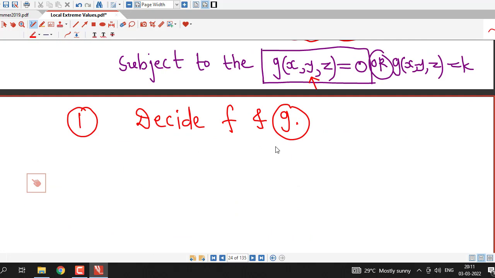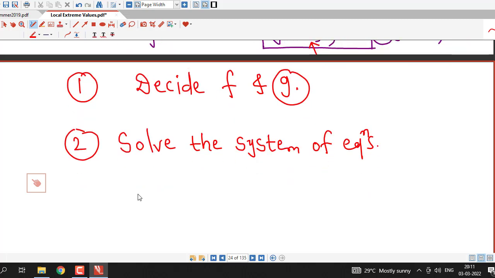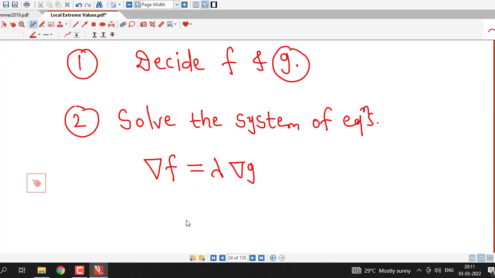So first we decide f and g. After that we have to solve the system of equations. That system can be linear or non-linear. Remember this system is given by gradient of f equal to lambda times gradient of g, and another equation we use is the equation specifying the given constraint.